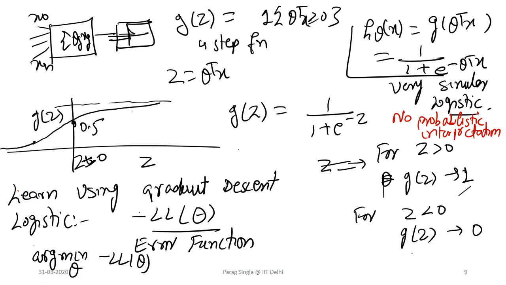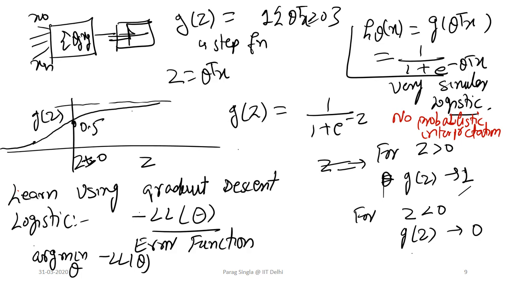So how do we really learn this? Given that this is our h theta x, how do we learn it? Learning can now proceed using gradient descent, but for that we have to define an error function.